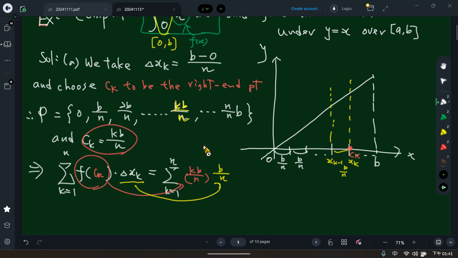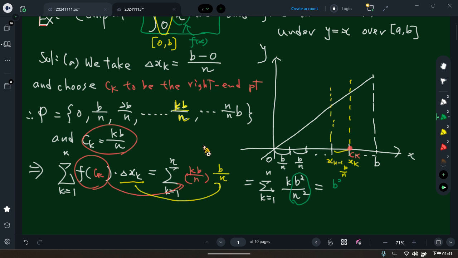So finally, we need to solve this. It will be k b squared over n squared. Since these terms are constant, right?